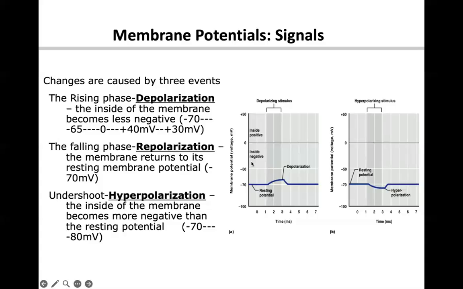And then when it reaches +30, it tries to go down. At that point, it is known as repolarization, or trying to return to its resting membrane potential of -70. And sometimes it even goes below the resting potential to -90 millivolts, which is known as hyperpolarization.